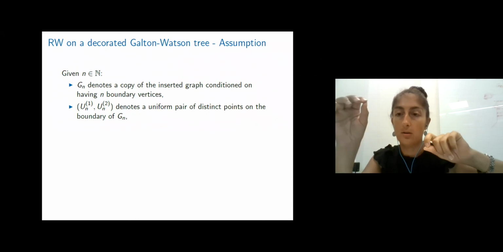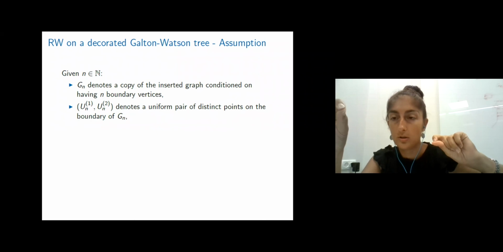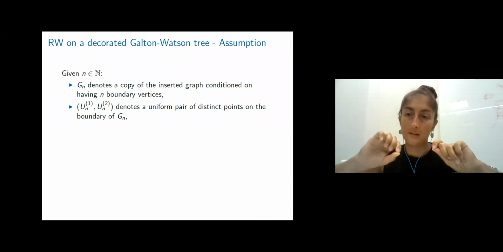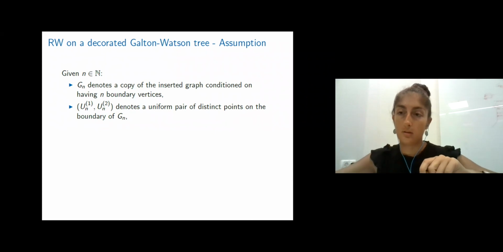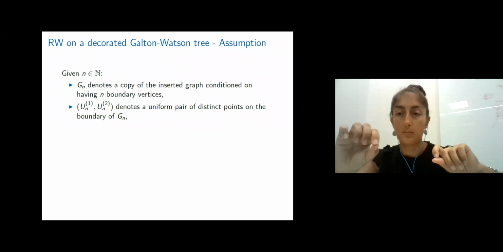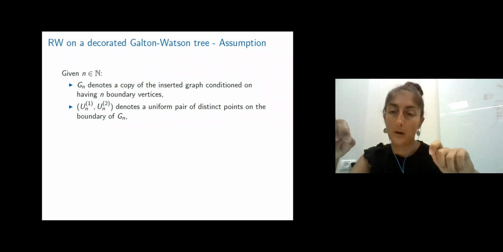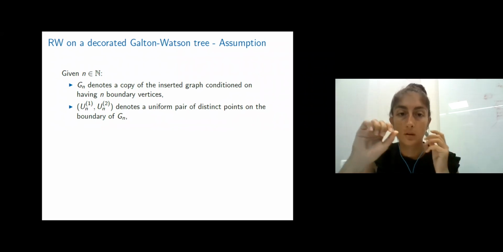So in the graphs we insert, this corresponds to looking at what happens between two uniform points on the boundary of these graphs. And so to understand how distance grows along the decorated backbone of this decorated tree, we have to look at how distances add up between two uniform points on the boundary of the inserted graphs.